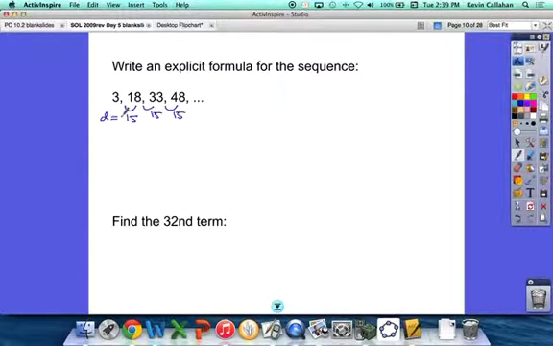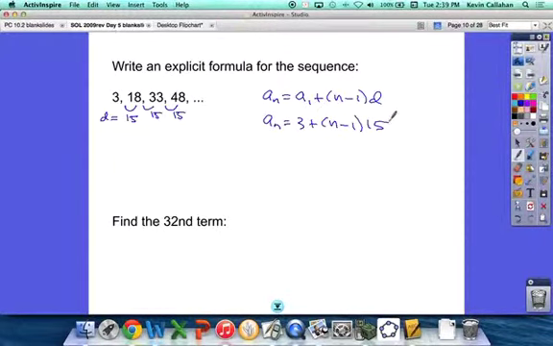So if we're going to write the explicit formula, then I'm going to write down a sub n equals A1 plus n minus 1 times D. And then I'm going to have to fill in for the A1 and the D. So what is the A1? 3, you can see it right there. So that's a sub n equals 3 plus n minus 1 times 15.